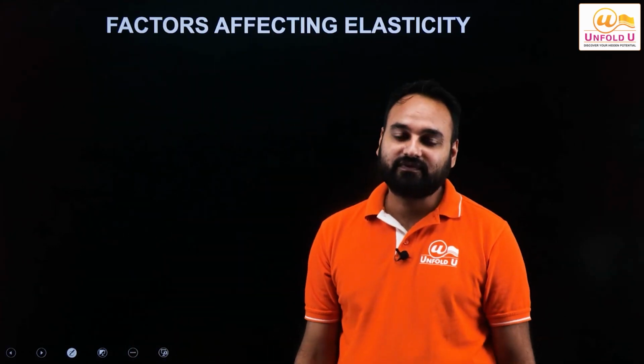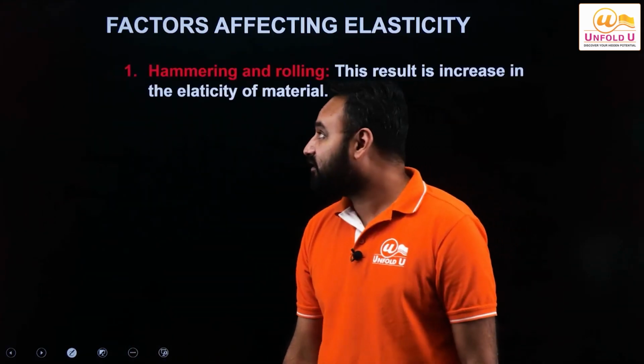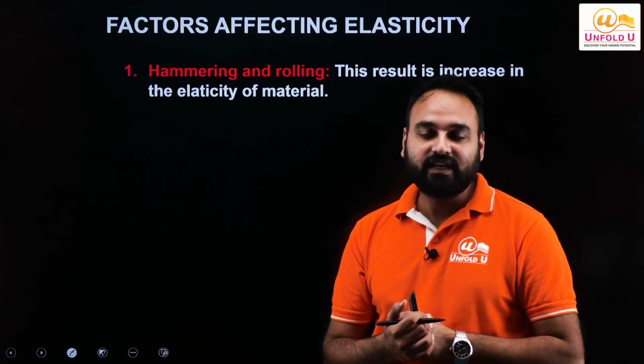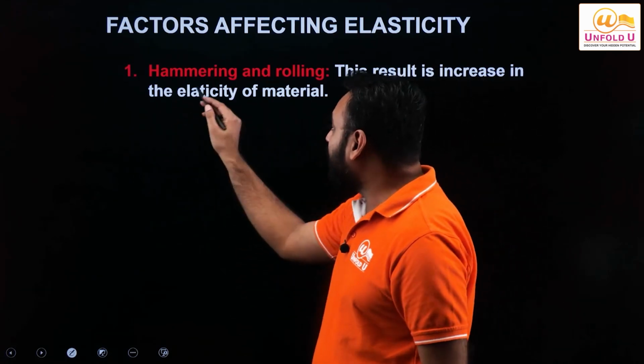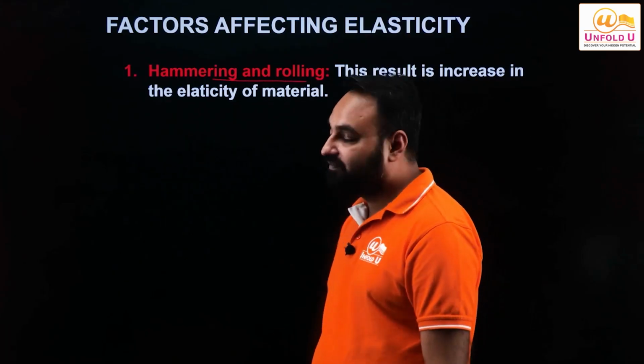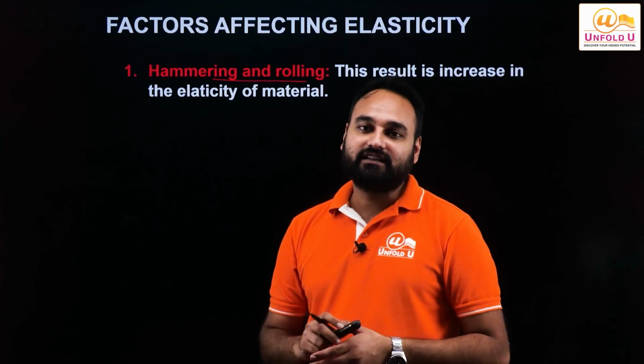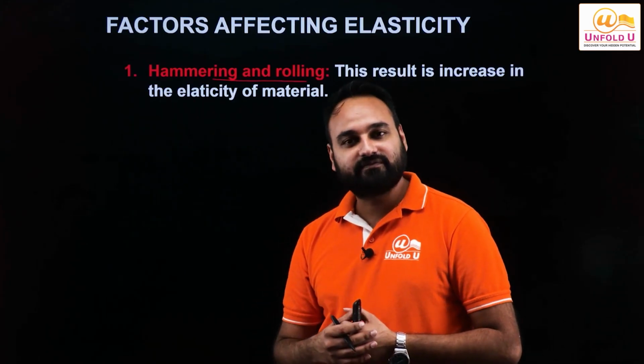So, based on these things, I hope now you are able to relate how stress and strain are related to each other, right? Next thing is, let's see some of the factors which affect the elasticity of a body, right? If we talk about hammering and rolling, hammering and rolling is one thing which increases the elasticity of a body.